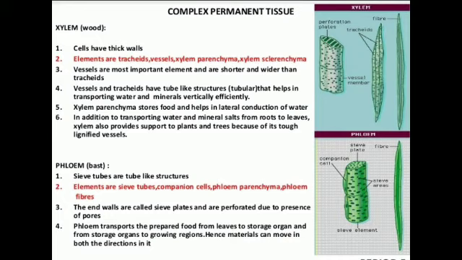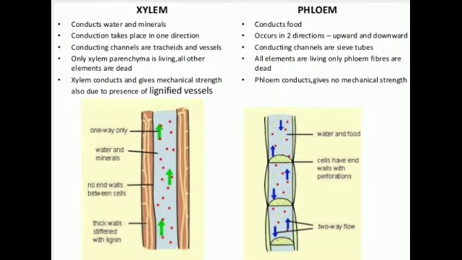While if we are talking about phloem, phloem is made up of living tissues except phloem fibers. Previously also I have told you fibers means they are sclerenchyma cells and they are dead cells. Okay. And xylem obviously helps in transportation of water and minerals, while phloem transports food from the leaves to different parts of the plants.